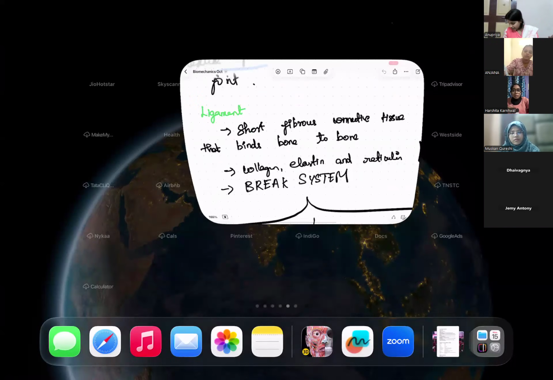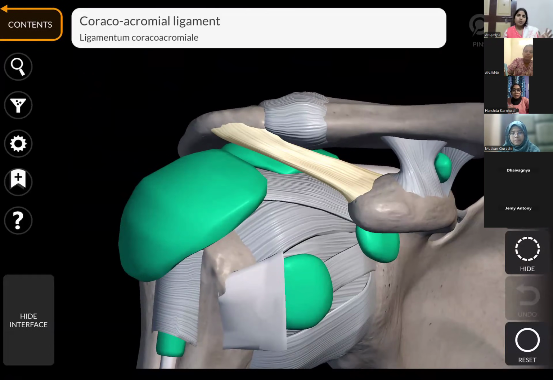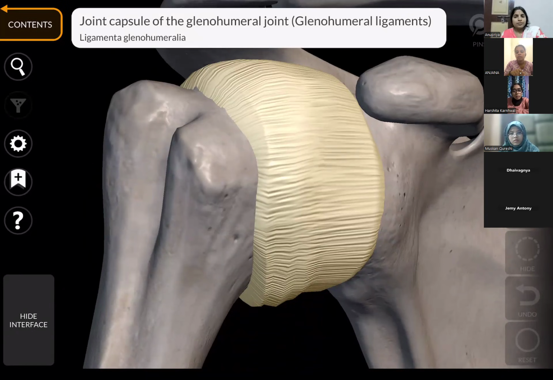So ligament is something which can be outside or inside, it could be anywhere. Capsular ligament means a white fibrous tissue which is thick and acts as a ligament. For example, this is a joint capsule.